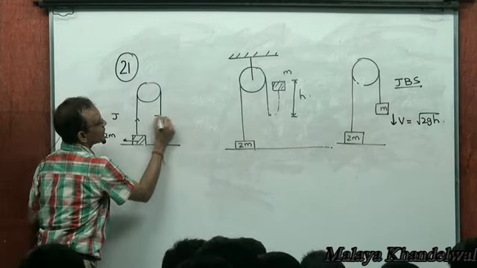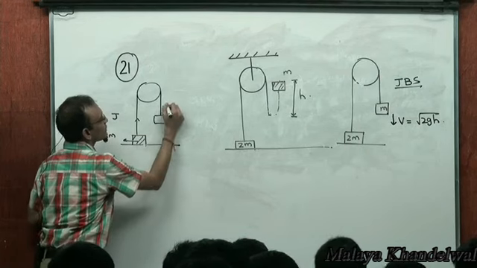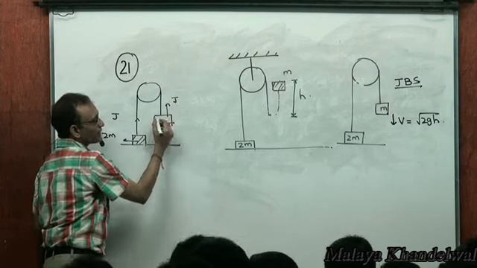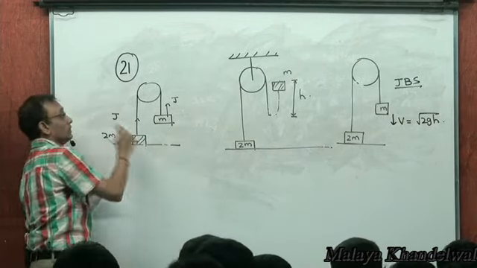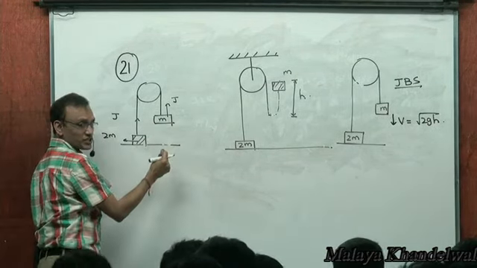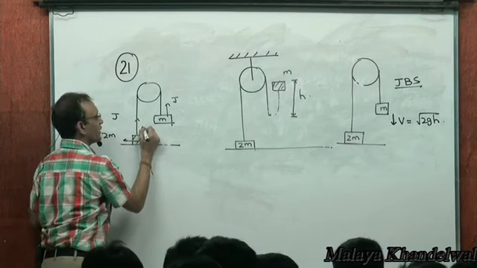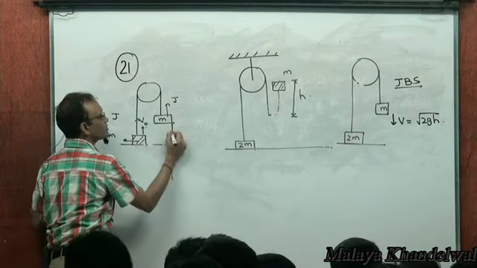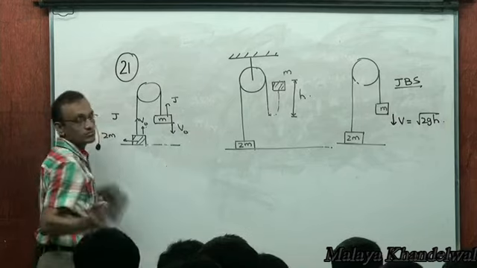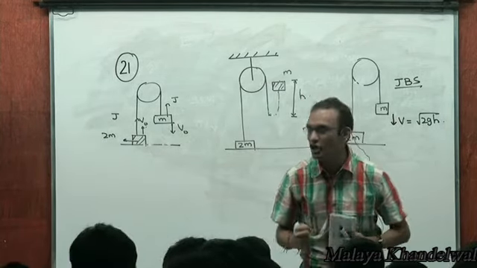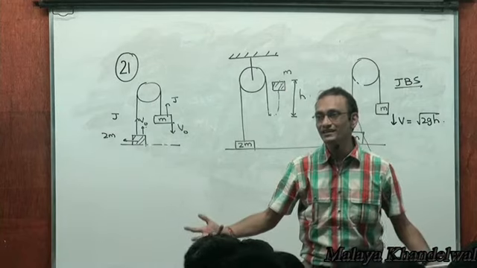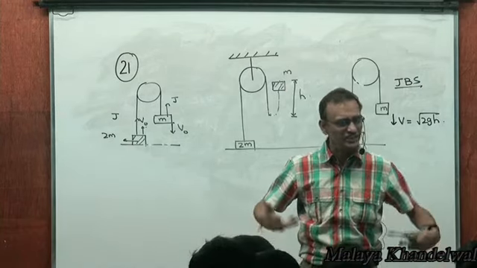And that same impulse, T into delta t, would act on this mass, right? Now, the string is in a state of tension. This will therefore acquire a velocity v naught like this, and this will acquire a velocity v naught like this. Right after straightening, the two ends will acquire the same speed, yes or no? That's just restating the string constraint.